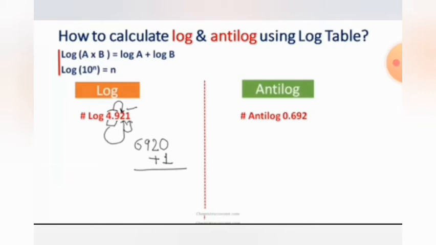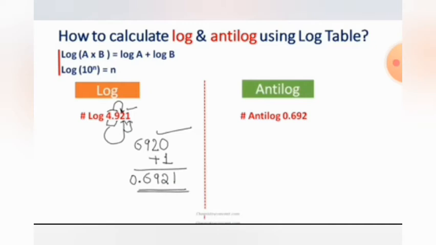Therefore, 6920 plus 1, that is 6921. 6920 is the value corresponding to 49 from the first column and the next number 2; the value corresponding to the next number is taken from the column.